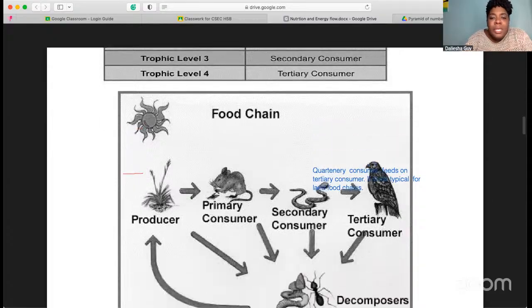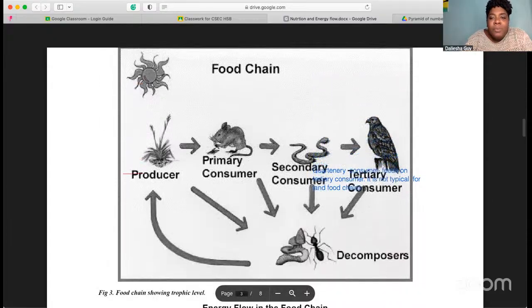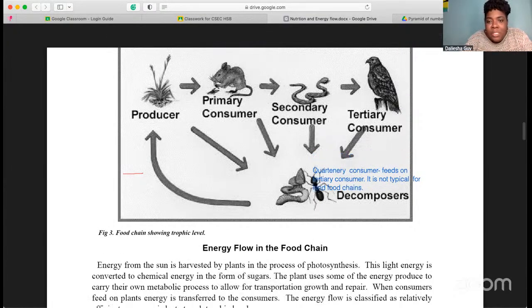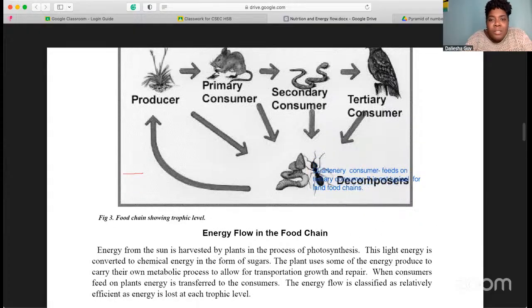And then at some point we also have decomposers, right? Though they may not always be a part of the actual chain, these decomposers are needed. They could ask, what is the need of the decomposer to the food chain?